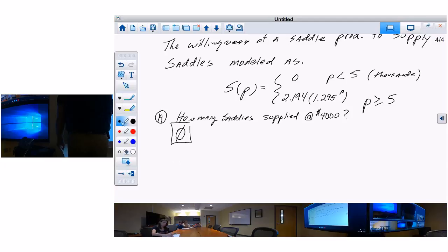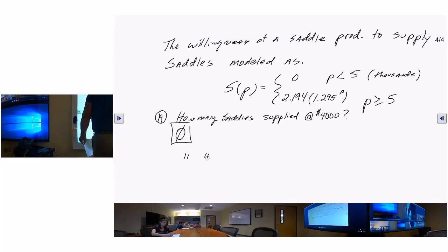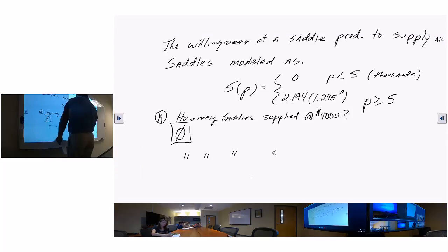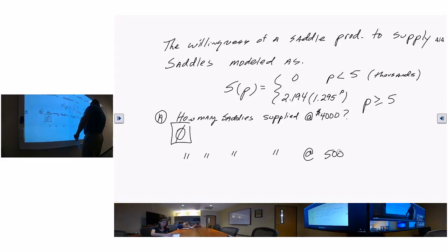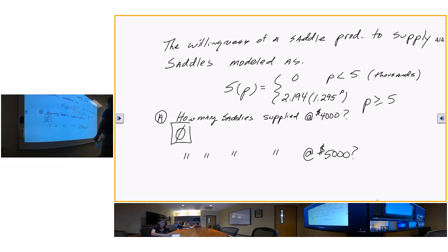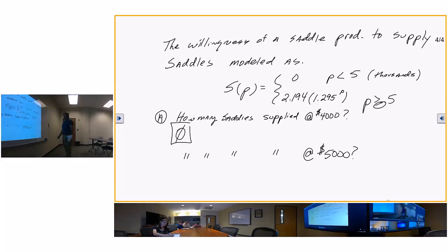How many saddles will be supplied at 5,000? Well, this includes 5,000 right here. See there? That includes 5,000. So what are you going to do with that 5,000? Plug and chug. Go ahead and do that. Somebody tell me what you get.